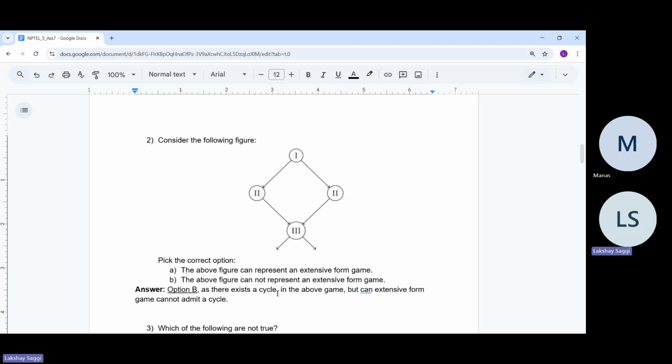And what's the cycle here? The cycle is between the nodes 1, 2. Okay, maybe I think the cycle is evident. Otherwise, I'll have to label the nodes also, which I don't want to do.